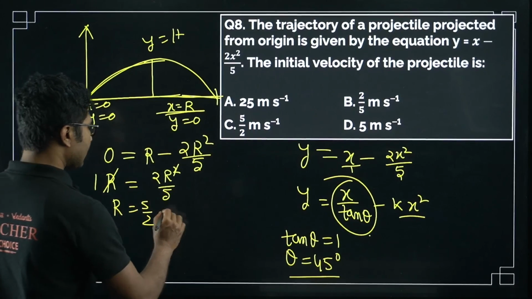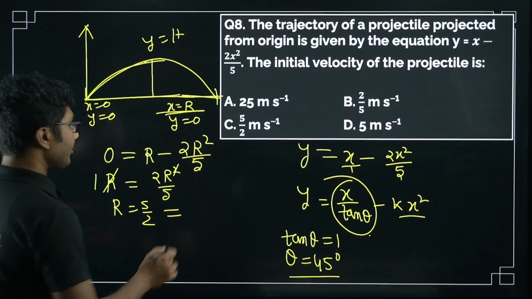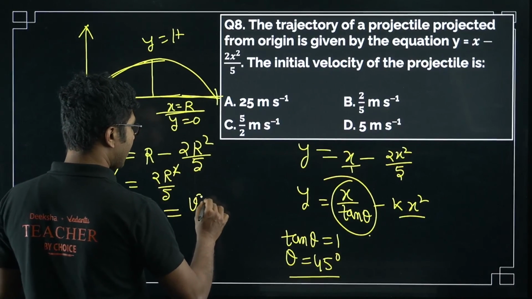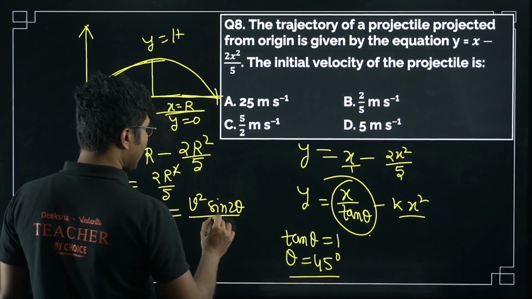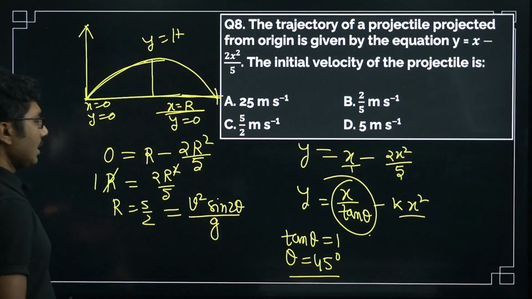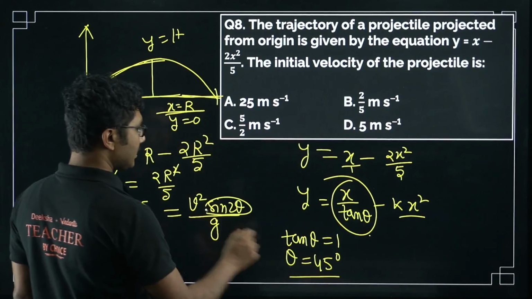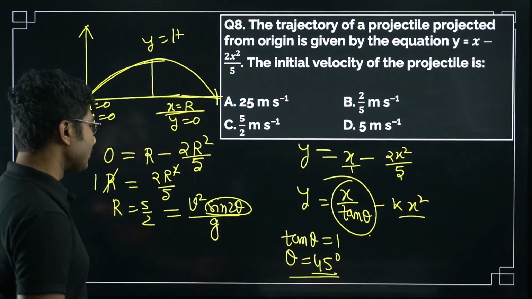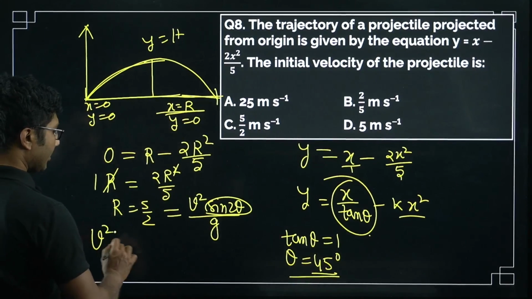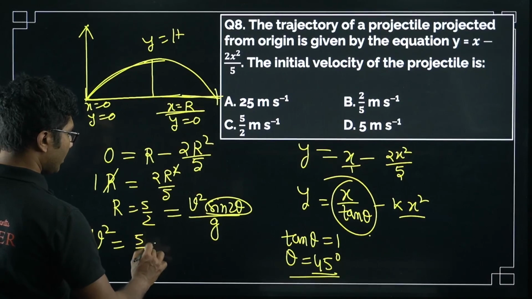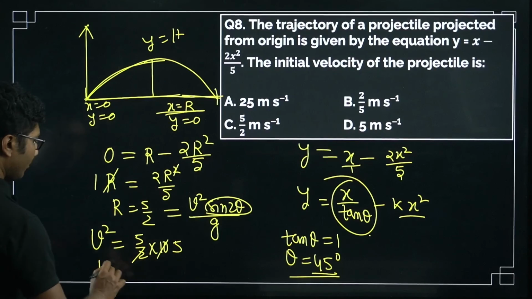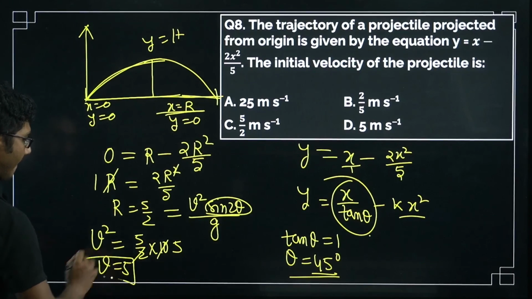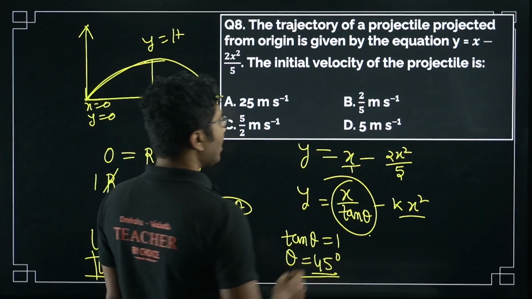Because we know the relationship for the range, R equals v square sine 2 theta divided by g. Now sine 2 theta is sine 90, which is 1. So v square equals 5 by 2 into 10, which is 25, or v equals 5. Okay, v equals 5 meter per second.